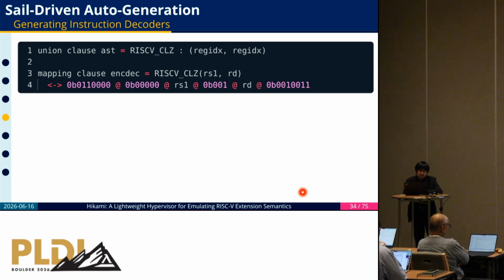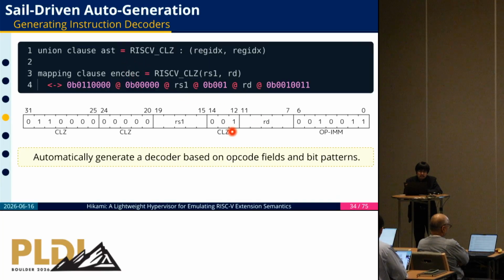We automated this by analyzing the encoding maps in SAIL. By identifying the constant opcodes and variable operand bits, the framework can automatically derive the logic needed to identify and disassemble any instruction.